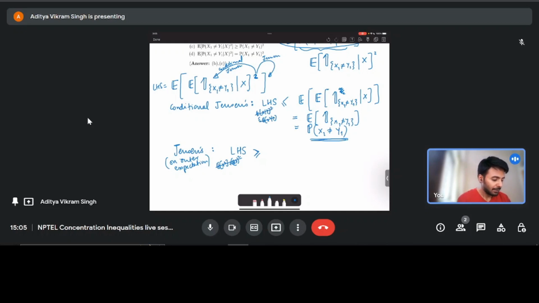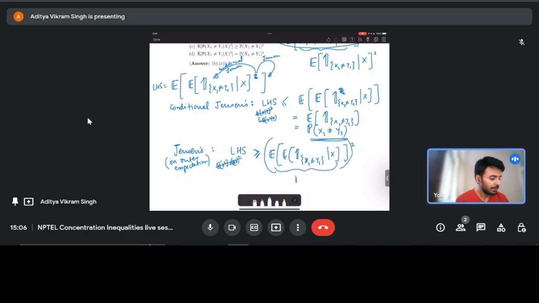Now let's come back to Jensen. Here LHS would be greater than or equal to the expected value of the indicator of X1 not equal to Y1 given X, and the whole square. So what is the thing inside the parenthesis?